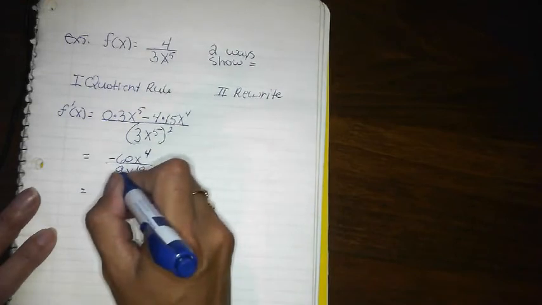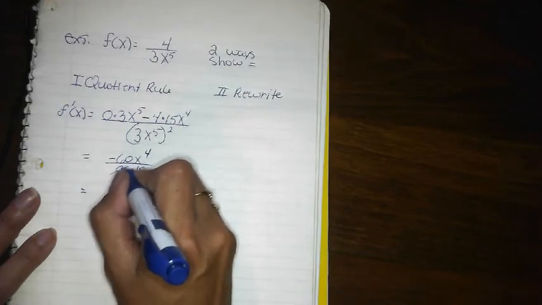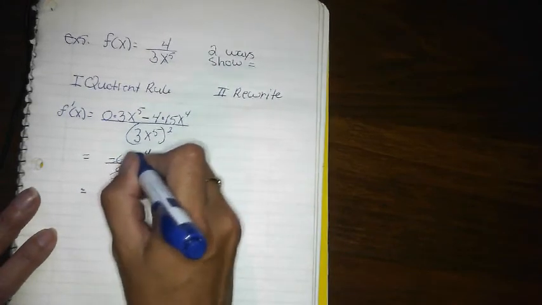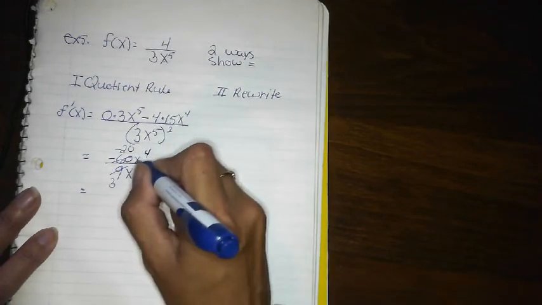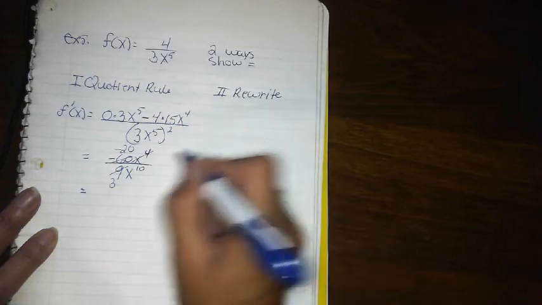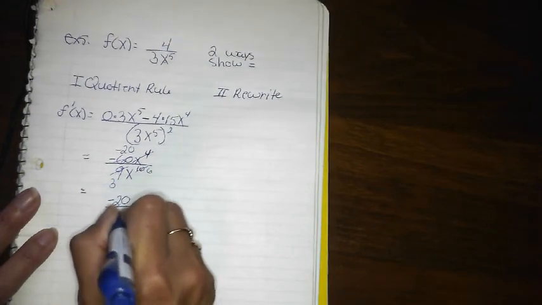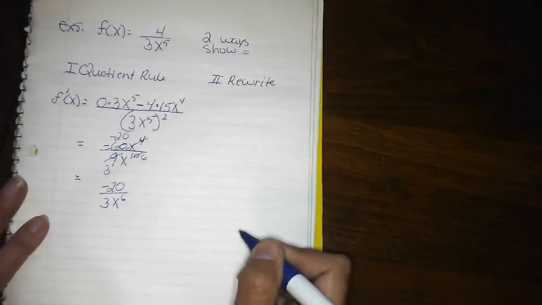So 3 goes into 9 3 times, into negative 60, negative 20 times, and we can cancel out 4 x's. So these are going to be completely gone, leaving 6 of them here. So we've got a final derivative of negative 20 over 3x to the 6th.